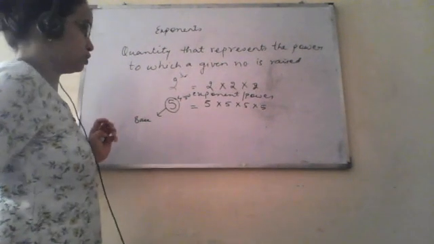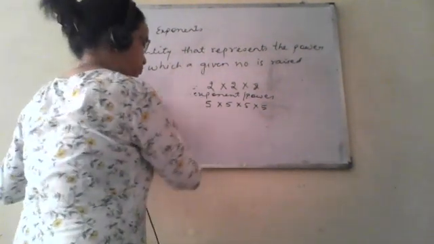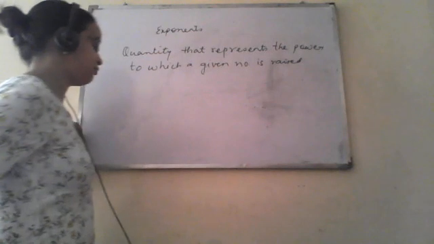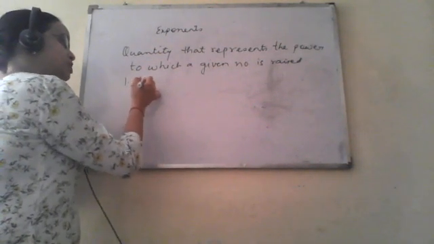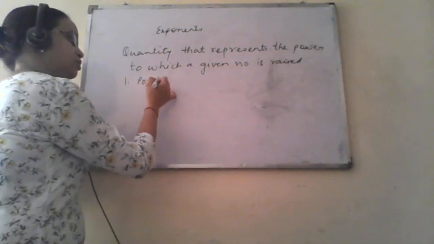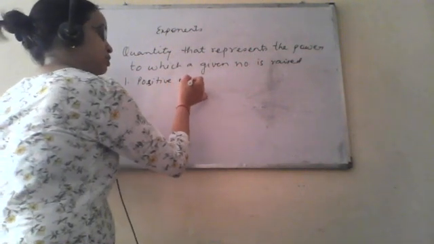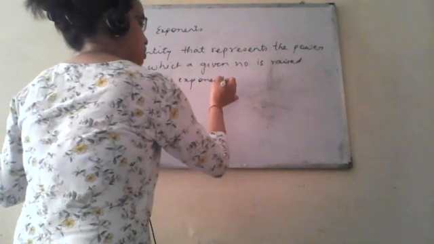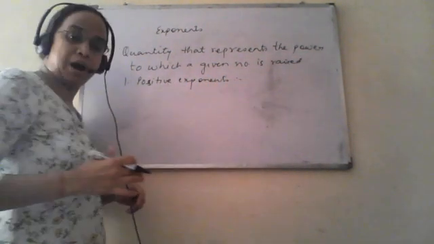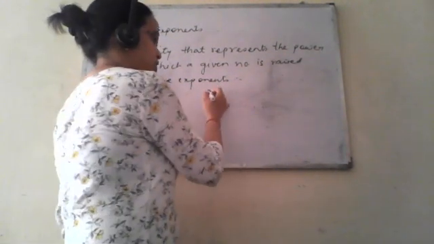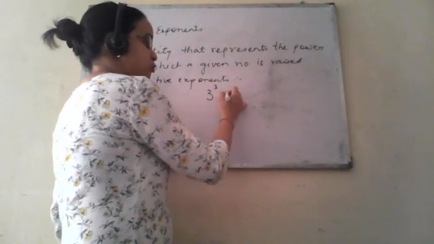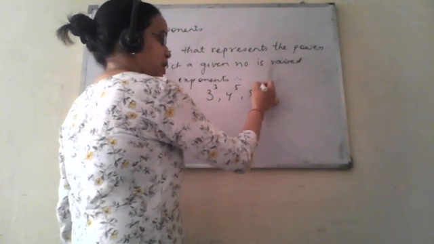Clear? So there are two types of exponents. First we have positive exponents. Positive exponents means where the power is a positive number, like 3 to the power 3, 4 to the power 5, 5 to the power 6.